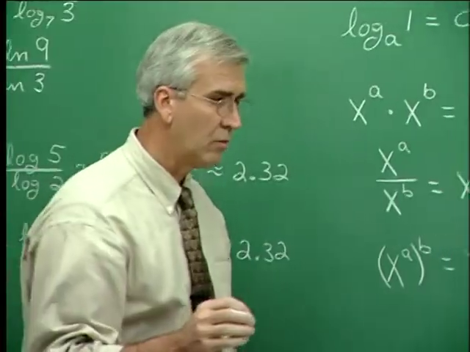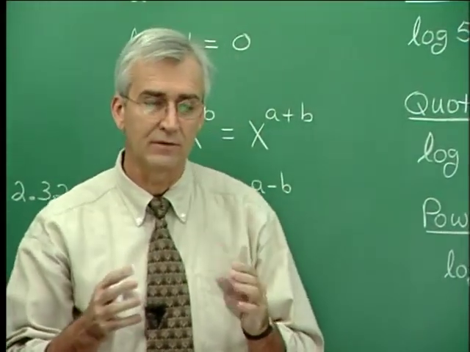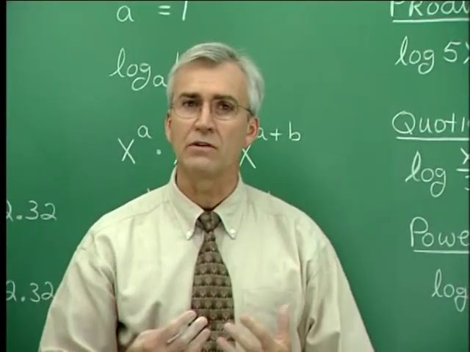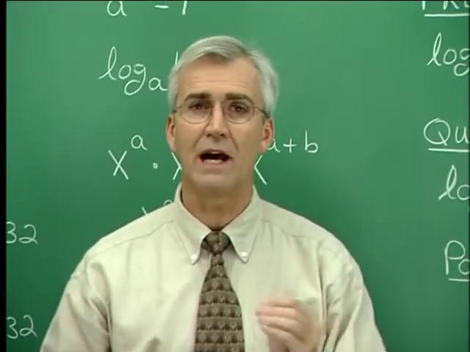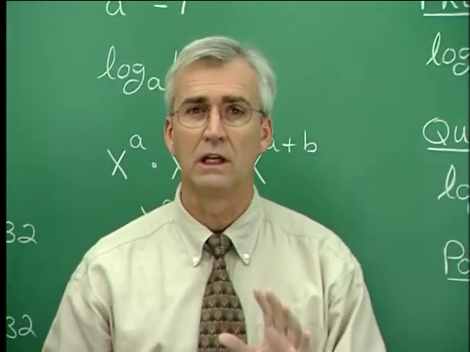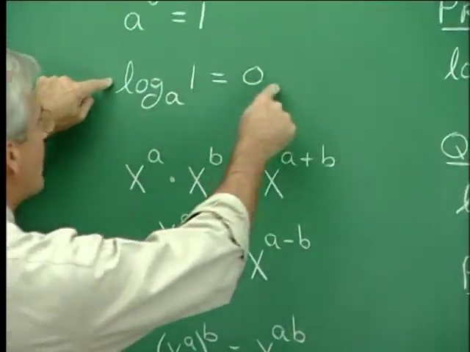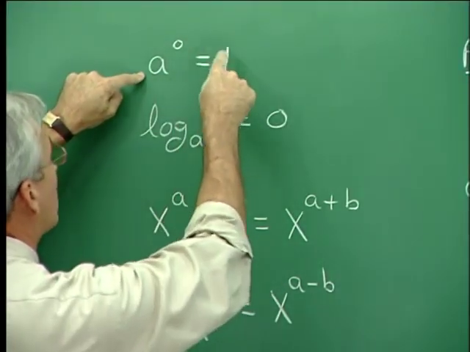Well, we may realize at this point, and we've looked at it from several perspectives, that a lot of our properties involving logarithms have as their basis some kind of idea in the exponential world. We didn't specifically say this, but something like the log of 1 being equal to 0, we know this is true because a to the 0 equals 1.